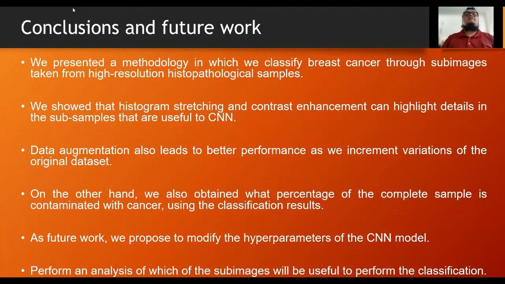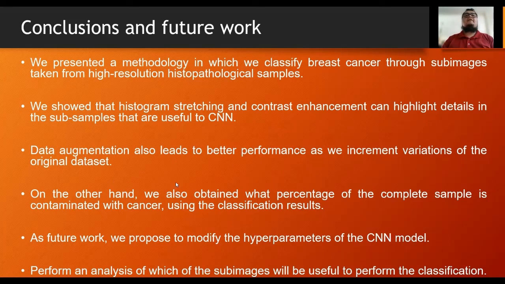The conclusions and future work: we presented a methodology in which we classified breast cancer through sub-images taken from high-resolution histopathological samples. We showed that histogram stretching and contrast enhancement can highlight details in the subsamples that are useful to the CNN. Data augmentation also leads to better performance as we increase variations of the original dataset.